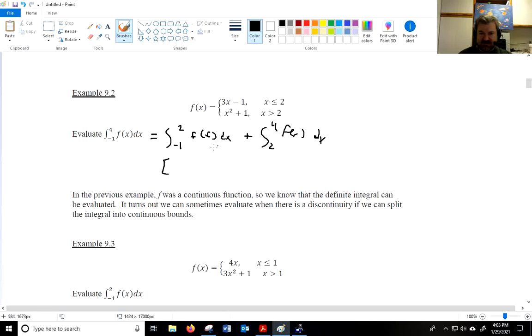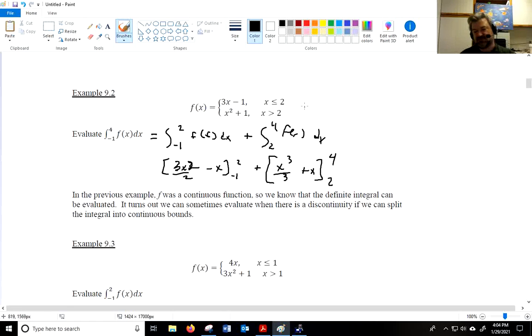We need to be using the top branch because we're less than or equal to 2. So that'll be 3x squared over 2 minus x, and we'll be doing that one from -1 to 2, plus we got the integral from 2 to 4. We'll be using the bottom branch, which is x cubed over 3 plus x. And that's going to be from 2 to 4.